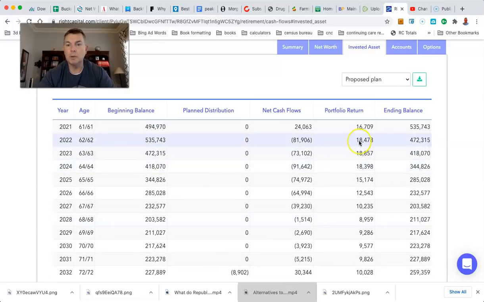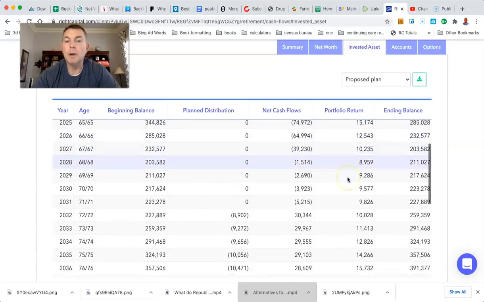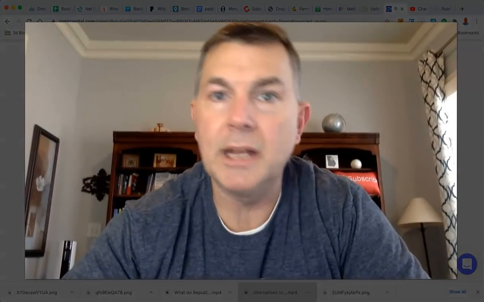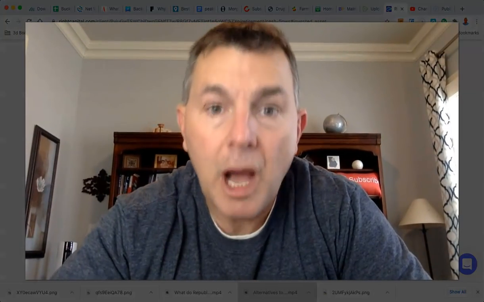In this case, we had 18,478 portfolio return on $535,000, but we also took money out, so it's going to be a little bit less than 4.4. But what's happening here is our portfolio return is always giving us 4.4% each and every year. So the net worth includes any asset you have on top of just your liquid assets, plus the linear rate of return, 4.4, 4.4, 4.4 each and every year.